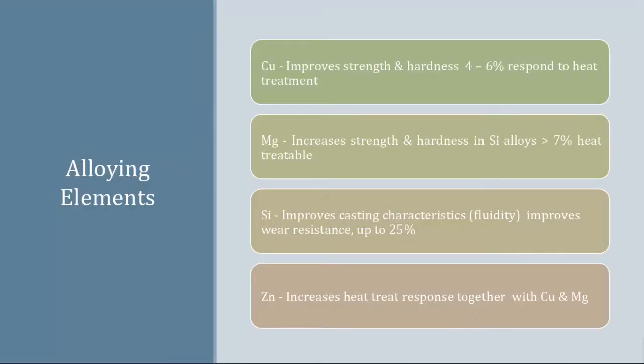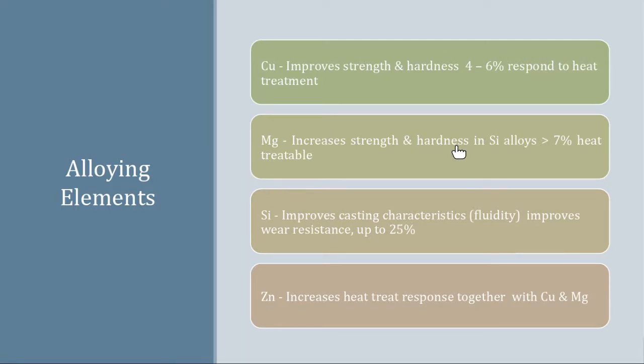So what are your alloying elements? Well, you have copper, which improves your strength and hardness, and typically you need about 4 to 6 weight percent in order for it to respond to a heat treatment.